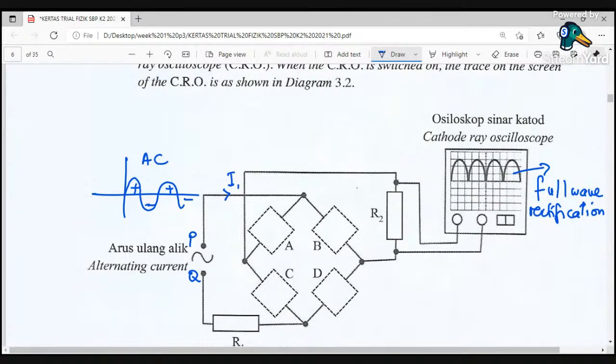The current flows to this point, it will go through B. It cannot go to A. If I put B, then I can draw the diode like this. This is diode B, so I want it to pass through from P go to B, and then from B will go to R2.